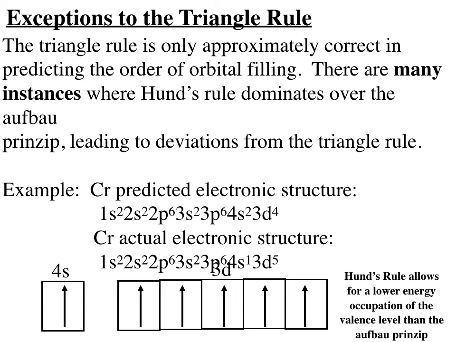It spins it in the same direction in the 3d, and that again lowers the energy enough so that this is a favorable way for these electrons to be arranged. And this is not what would be predicted by the Aufbau principle using the triangle rule. So there are lots of violations of using that. This is not the only example of such. There are many others that we would have to keep in mind when we're doing things with the triangle rule.